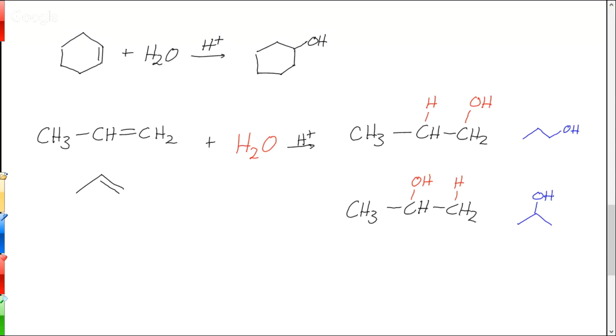What's the difference in those two structures? Are they in fact different, or are they the same? Or are they isomers? They have the same carbons, hydrogens, and oxygens. But are they connected in a different way or not?